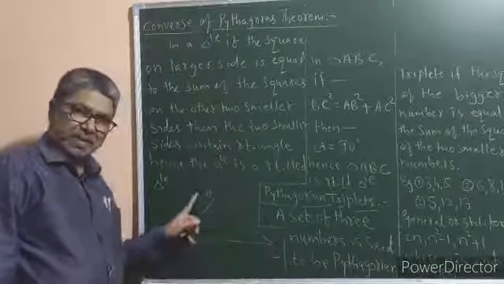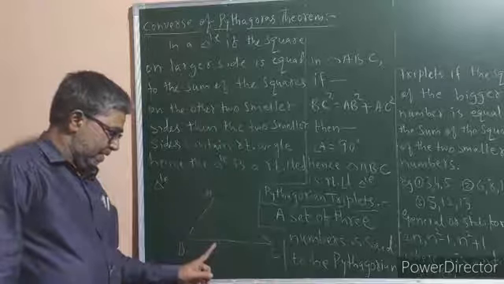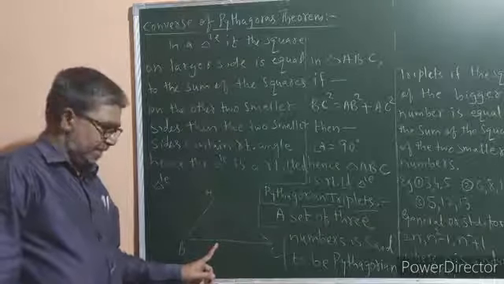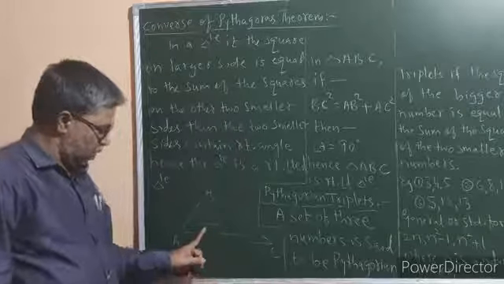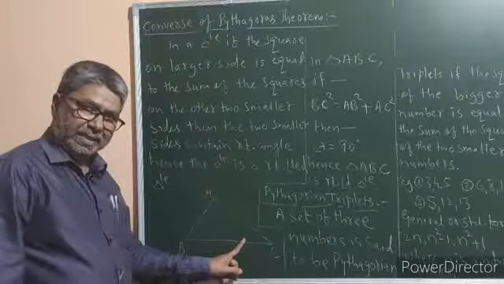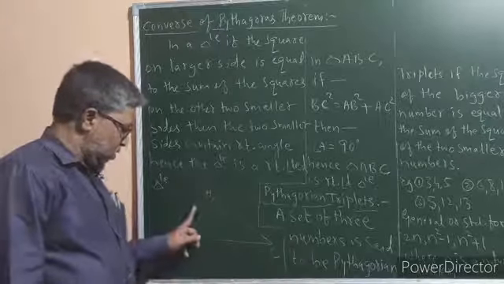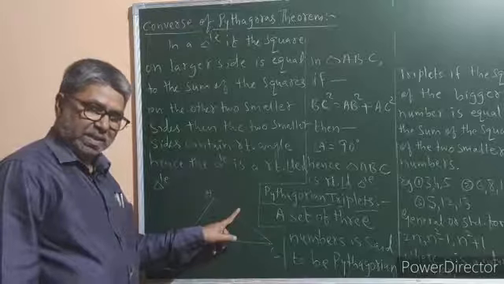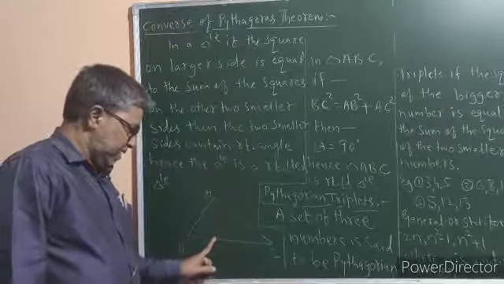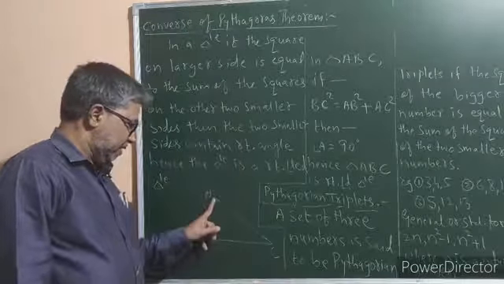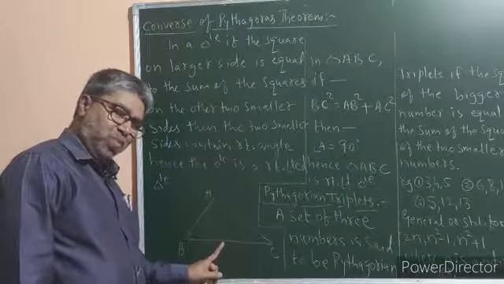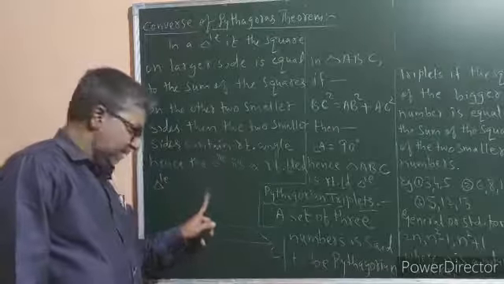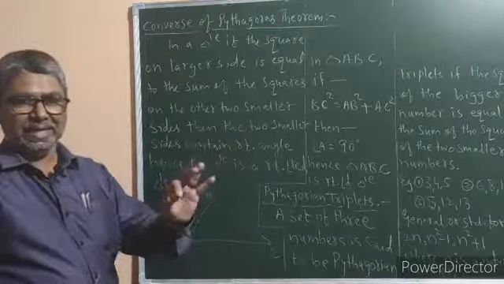Triangle ABC, in this triangle side BC is larger in length, therefore BC square will be equal to AB square plus AC square. If this happens, then the angle A, which is opposite to BC, will be a right angle, and hence triangle ABC is a right angle triangle.